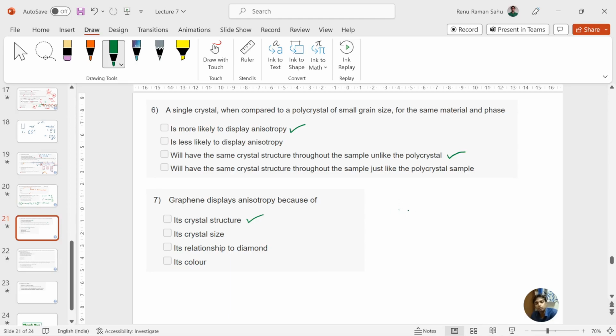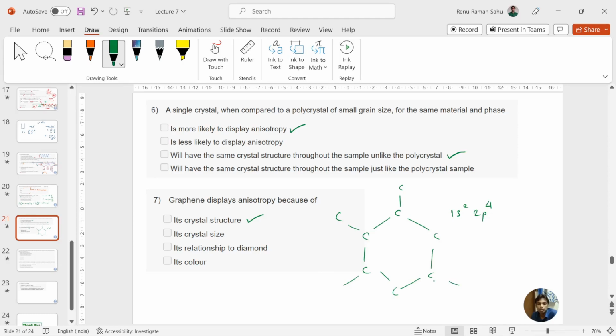Conductivity it shows because if you see the carbon atom, what is its valency? 4. Carbon is 1s2, 2s2, 2p2. So you know the s, p, d, f orbitals: px, py, pz. If you look at the carbon arrangement in graphene, it is somewhat like this. It is like a hexagon in graphene.